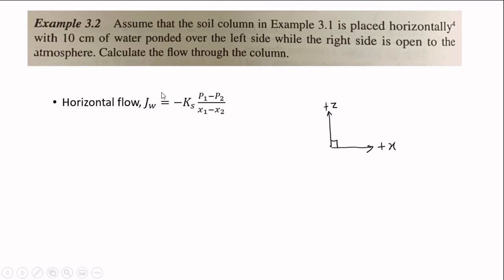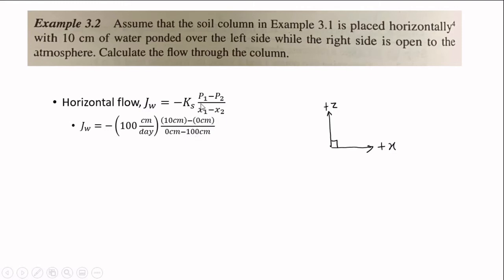So for horizontal flow, Jw, the water flux, equals minus saturated hydraulic conductivity times the hydrostatic pressure head, P1 minus P2, over the X1 minus X2 distance. All right, so we know that water flux equals negative, where the saturated hydraulic conductivity is 100 centimeter per day, and the P1 is the water ponded, which is 10 centimeter, and the P2, which is exposed to the atmosphere, is 0 centimeter.